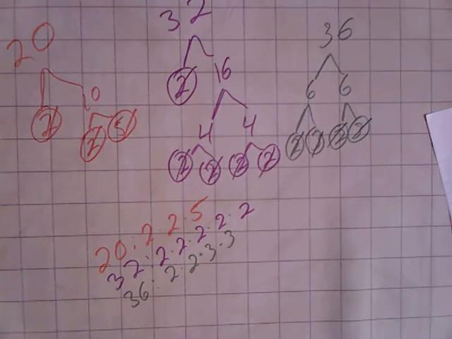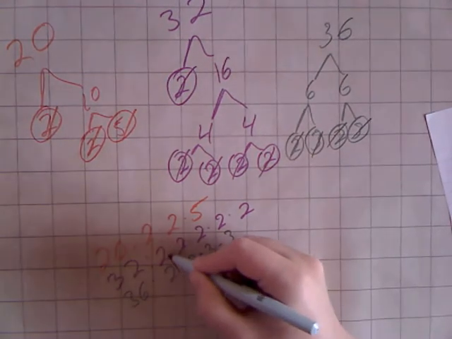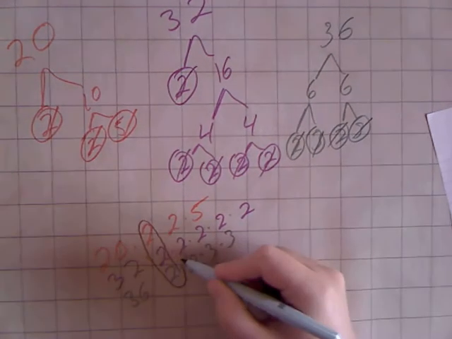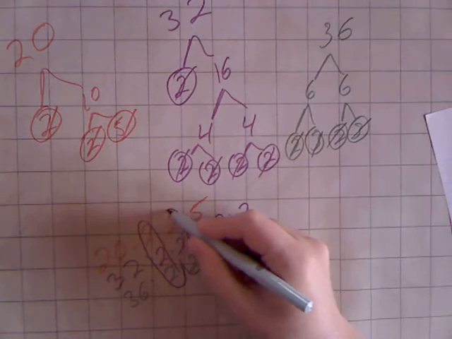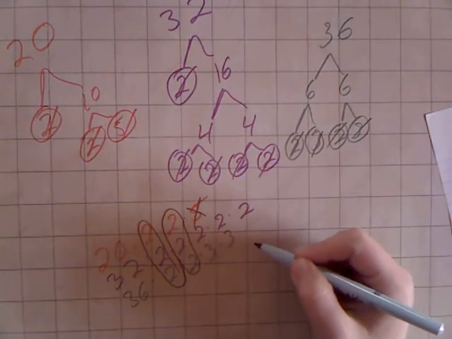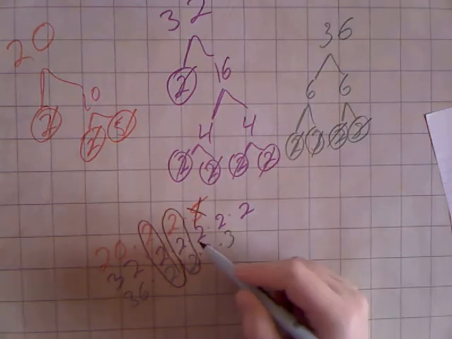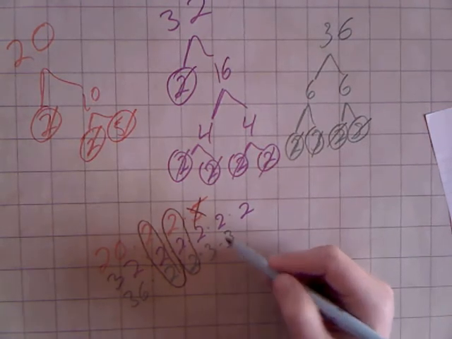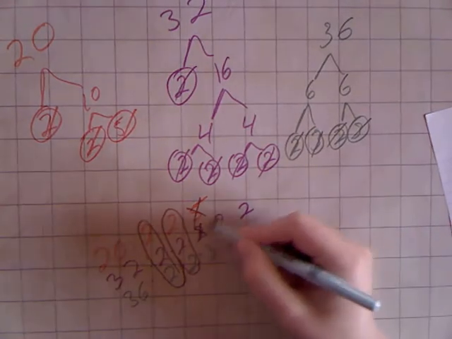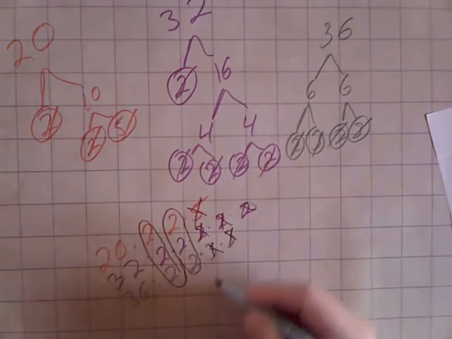And now it's time to play Go Fish. So we're going to look, oh, here's a pair of 2s, and they have to be in all 3 numbers. So we have 2s, we have another 2, we don't have any 5s, and there's nothing else in common. There's 2s here, but they don't match all 3 of the numbers. So we can't use these, and we can't use these.